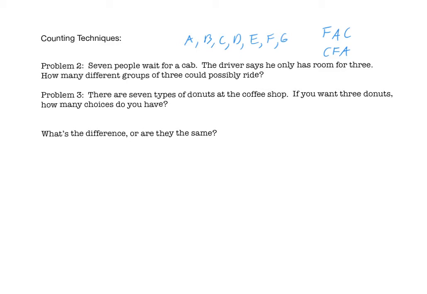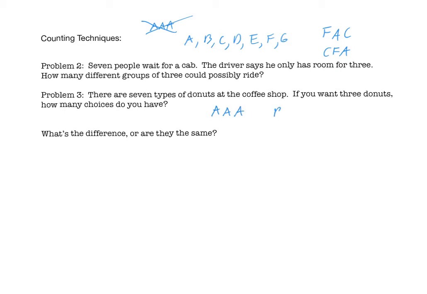However, is there any sort of difference here? Hopefully you can see that the order would not matter here as well, because you're talking about 7 types of donuts and you need to get 3. But there's another big difference. For example, let's say A stands for an apple donut. Up here, Adam couldn't ride with Adam and Adam if that was one person. That doesn't make any sense. Whereas down here, you could get an apple donut, another apple donut, and a third apple donut, for example.